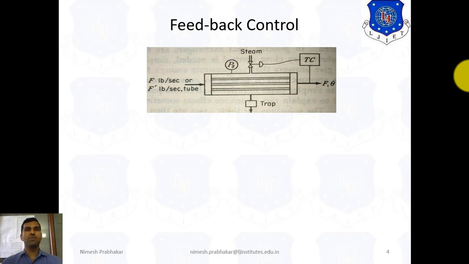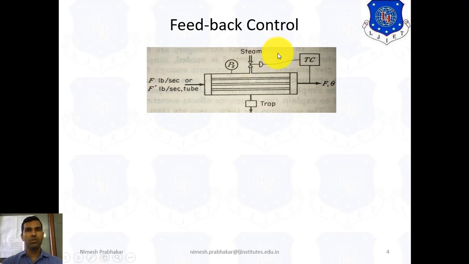As the name suggests, feedback means we feed the outlet back to the inlet. In the feedback control scheme, we use one controller at the outlet flow, and that controller maintains the inlet steam flow. Our aim is to control the outlet temperature, and for that we use one valve which controls the inlet steam.